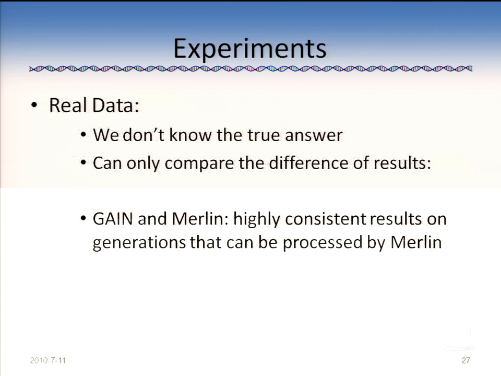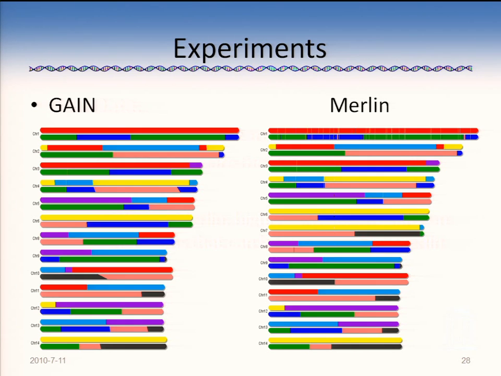We conduct experiments on real data, but the problem is we don't know the real founder ancestry here. So we can only compare the results. Compared with Merlin, they are highly consistent on generations that can be processed by Merlin. That means the early generations, because when the number of generations is big, Merlin cannot handle it.